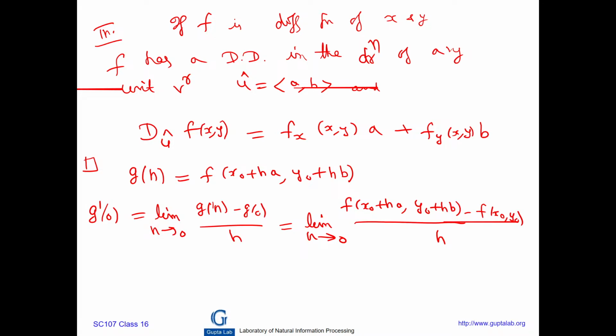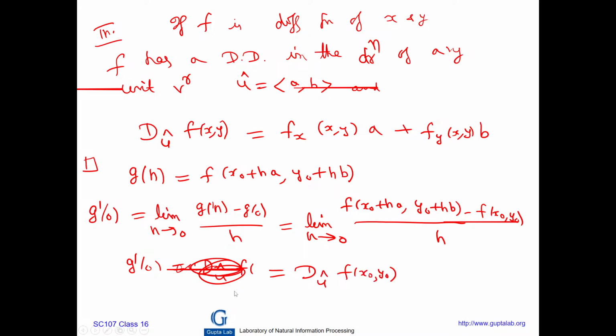In other words, g dash of 0 is nothing but the directional derivative in the direction of u of f of x naught comma y naught, by definition.